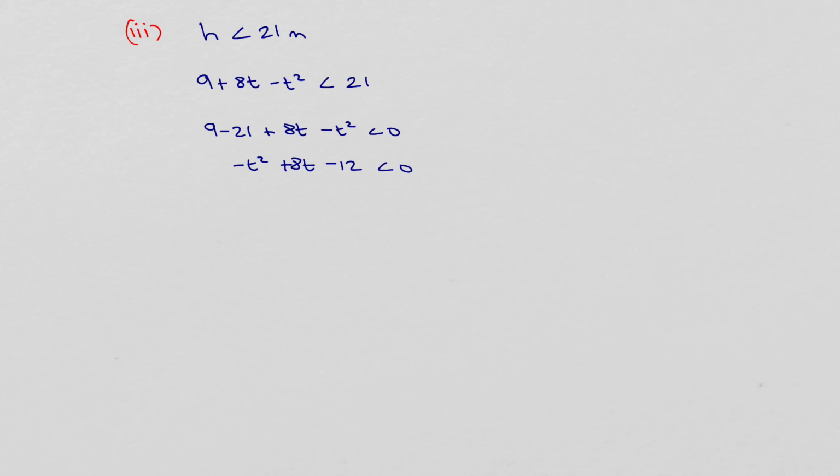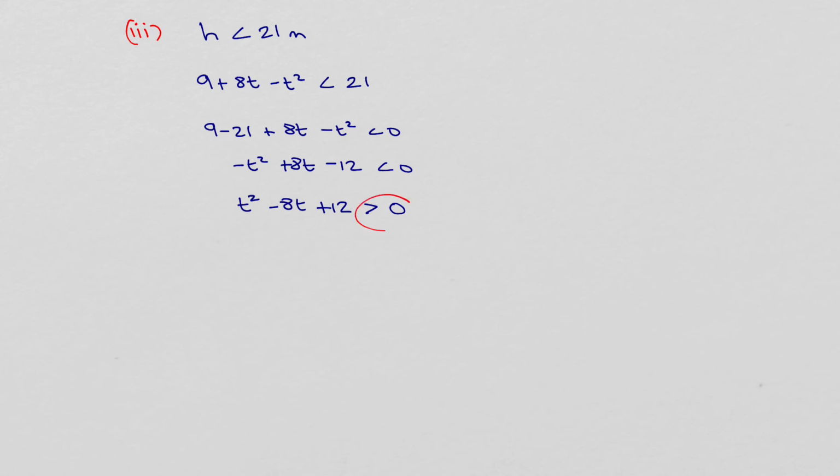So I'm going to multiply everything across by minus 1. So minus 1 times minus t squared is plus t squared. Then we get minus 8t. Minus 1 times minus 12 is plus 12. And of course, because I'm multiplying by a minus 1, my inequality sign has to reverse. And 0 times minus 1 is 0.